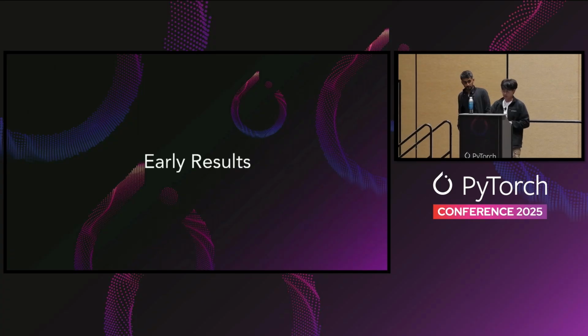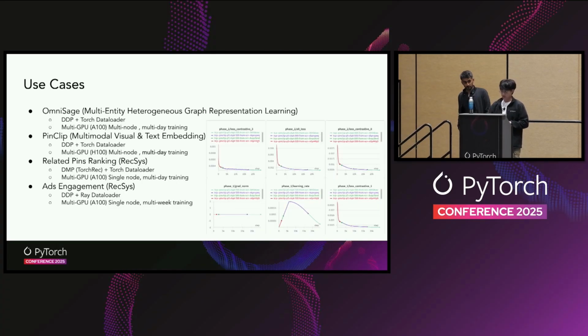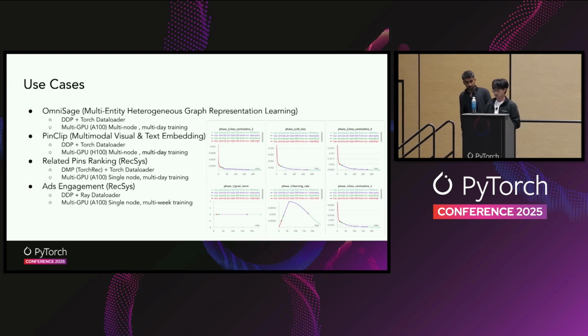Okay, I'm going to share some early results. Here are a few representative use cases that have benefited from our approach. OmniSage, which is our multi-entity heterogeneous graph representation learning, and PinCLIP, a multi-modality vision-text embedding model, and also some TorchRec models for related pins ranking and ads engagement.